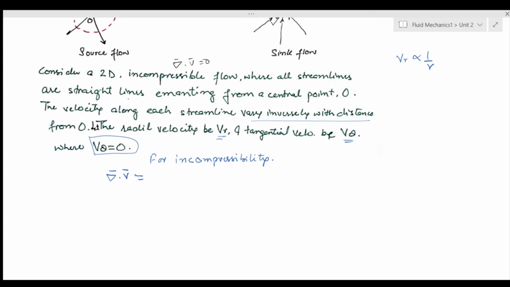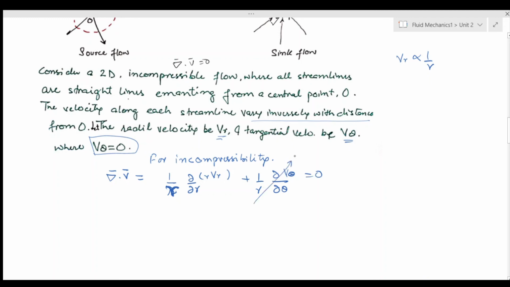And if I take the r theta coordinate system, then my del operator would be modified, and I would write it this way: 1 by r del by del r of (r times Vr) plus 1 by r del by del theta of V theta is 0.